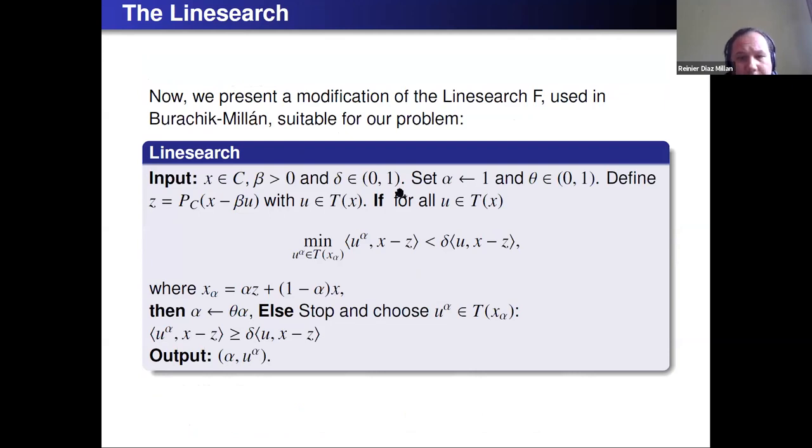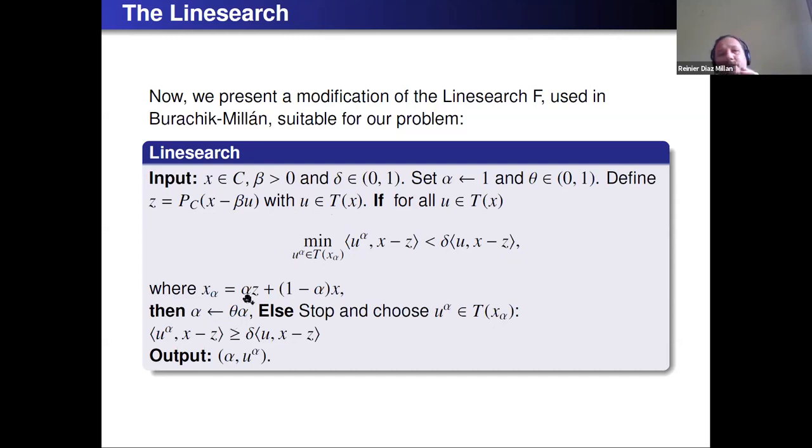In that paper, we only take any point u in T of x, and if this is strictly less than this, then we increase these points by multiplying by alpha.